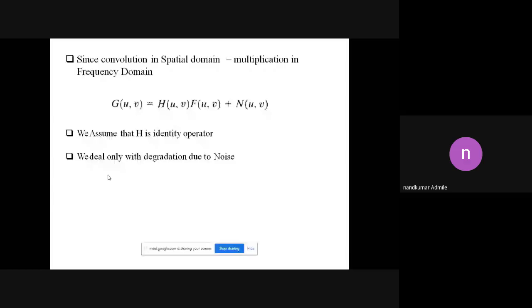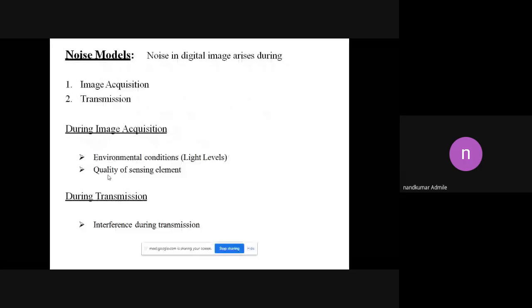We can start with the next point, which is called noise models. What are the various noises present in an image?